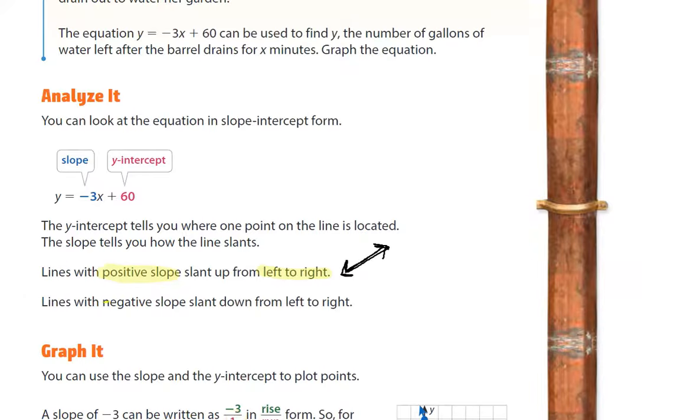And lines that have a negative, oops, that's not the highlighter. Lines that have a negative slope go the other way. So lines that have a negative slope will go that way. That's just a helpful hint to help you double check your work. To know if it has a negative slope, it's going to slope this way. If it has a positive slope, it's going to slope this way.